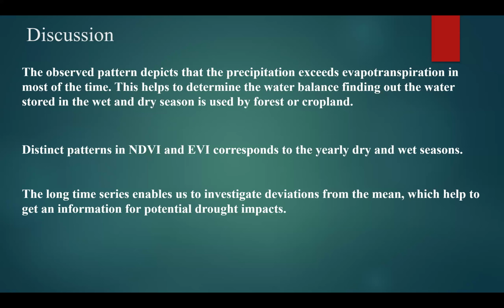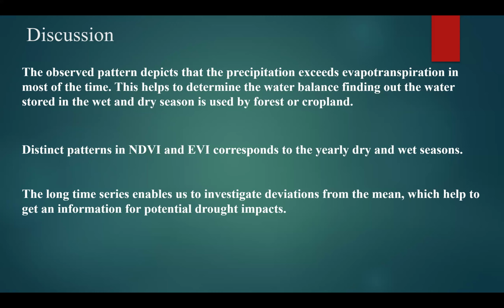It helps to determine the water balance and find out the water that's stored in the wet and dry seasons that's used by the forest and the cropland. So we got to see distinct patterns in NDVI and EVI, showing the early dry and wet seasons.